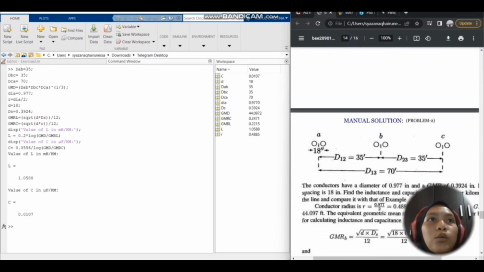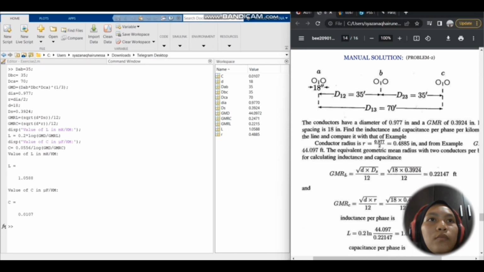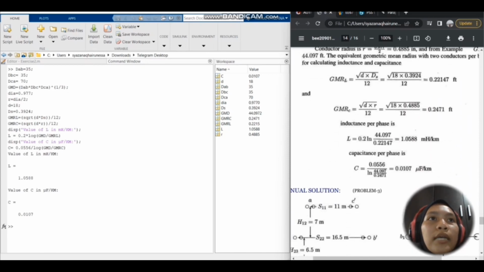Here is the answer for the inductance and capacitance. As I compare both the manual solution and the MATLAB solution, I noticed that both values are the same. So for me, thank you.